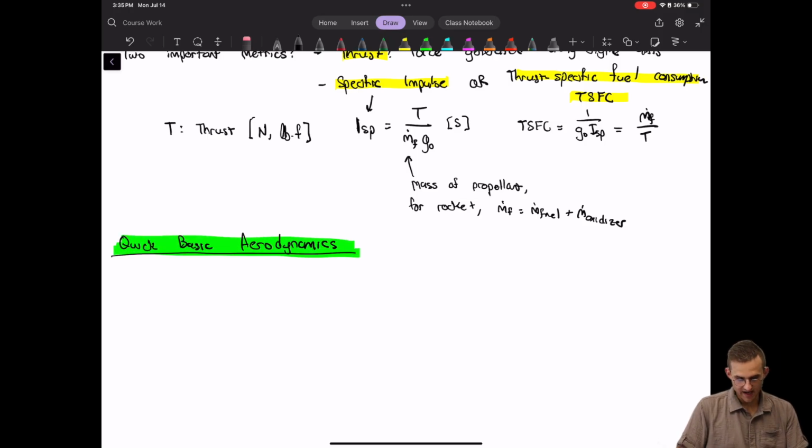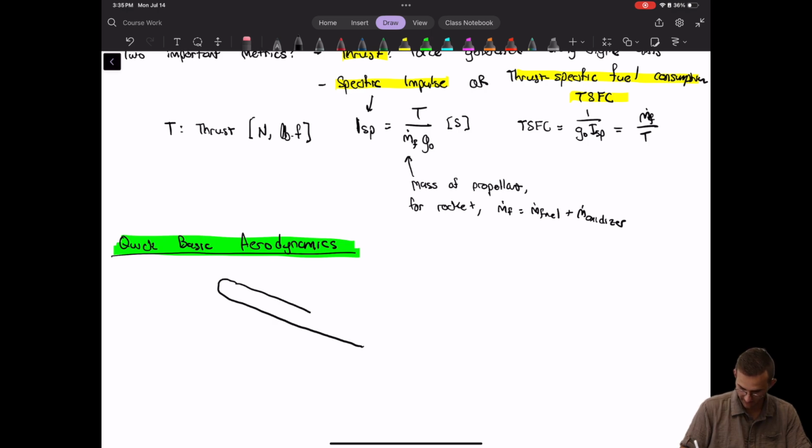Let's imagine that we have this airfoil here at a positive angle of attack, and we usually draw a chord from the tip of the airfoil through the center, and that chord defines our angle of attack. So this angle here we'll call alpha, the angle of attack.